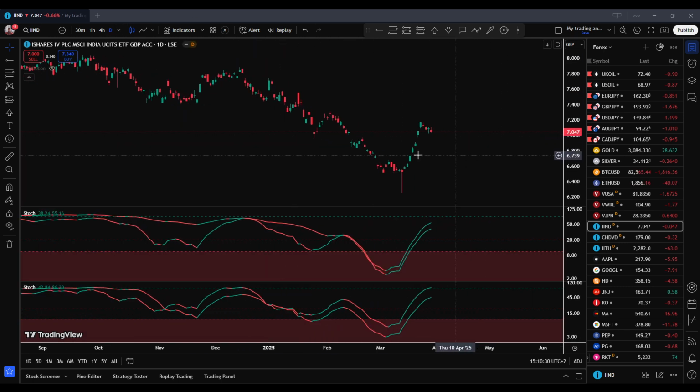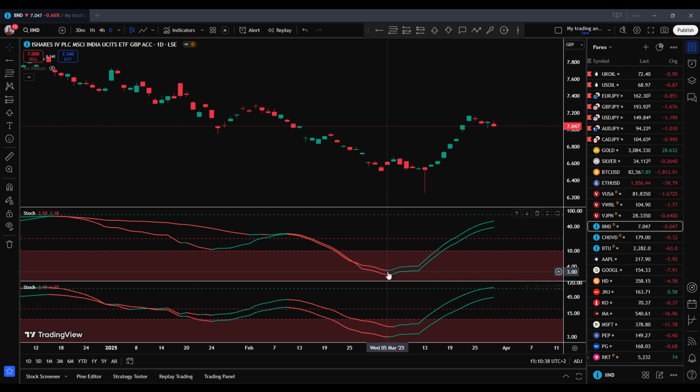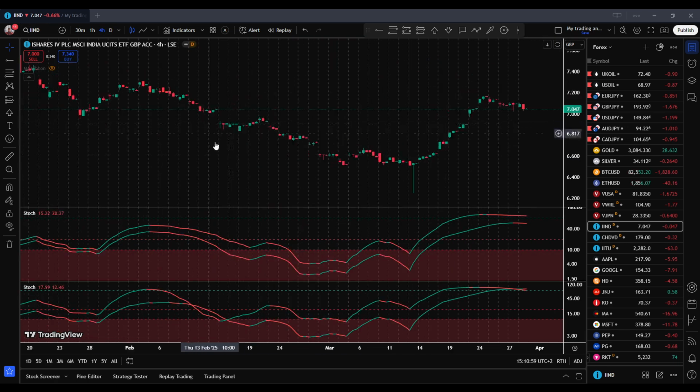On the daily, all stochastics were in the oversold zone, but here three of them indicated change in the direction, but this one delays by 1 day. So I didn't invest here, but I did on the 4-hour.